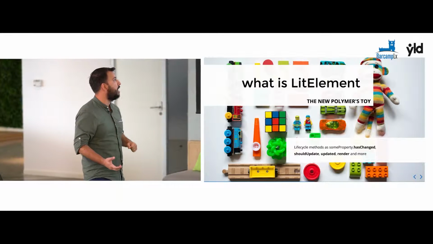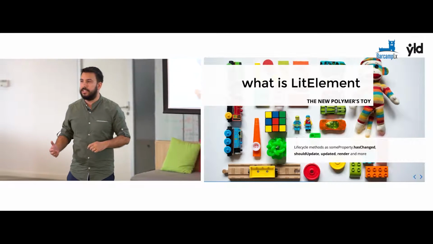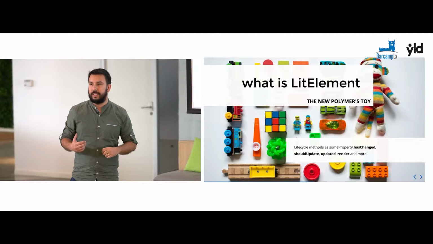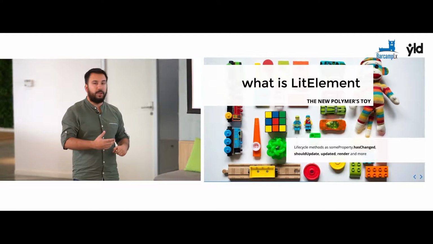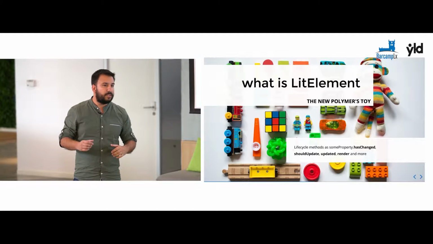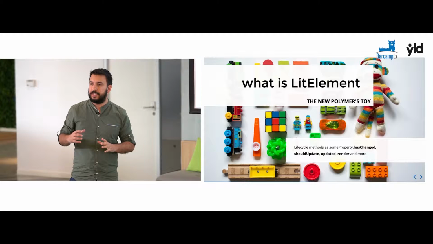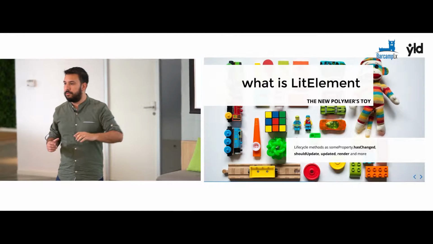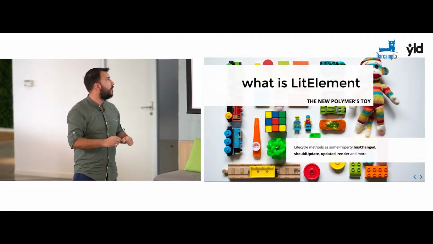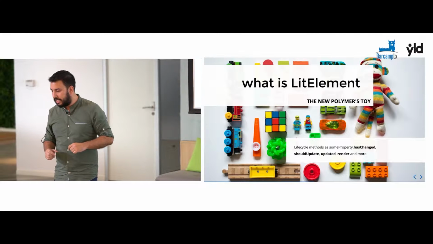So what's Lit Element? Lit Element is the new toy from Polymer. I believe it is going to replace Polymer 3 in a few years, or maybe even this year, because Polymer changed the core of its concepts, and it's based on lit-html, which is the base of Lit Element.